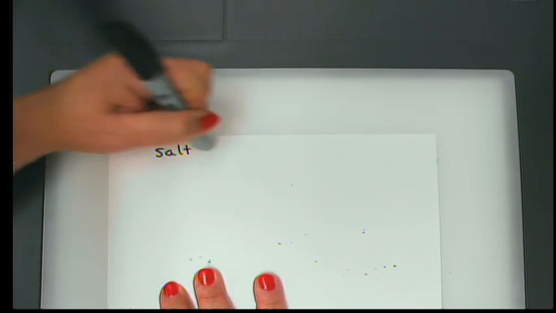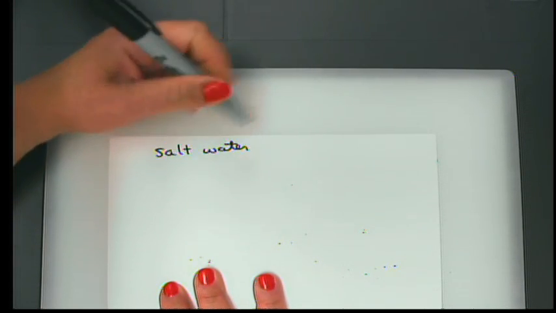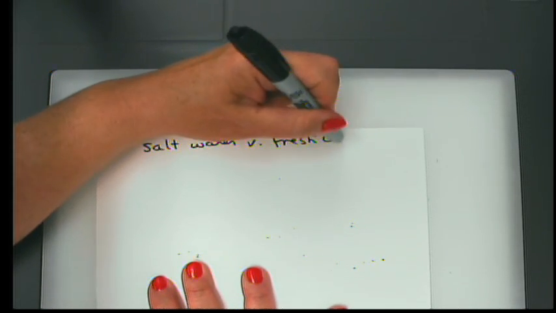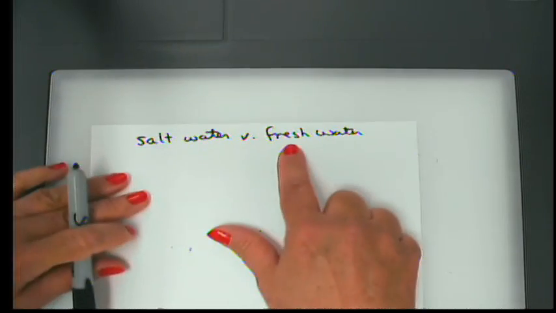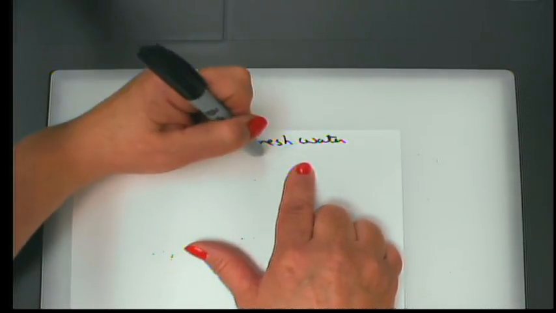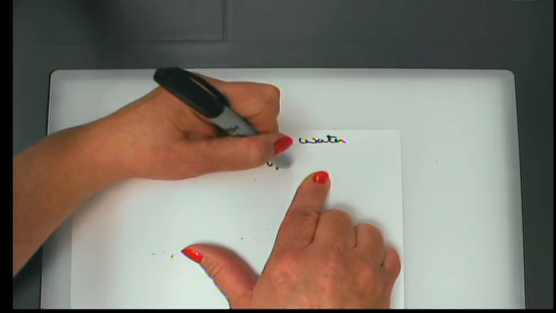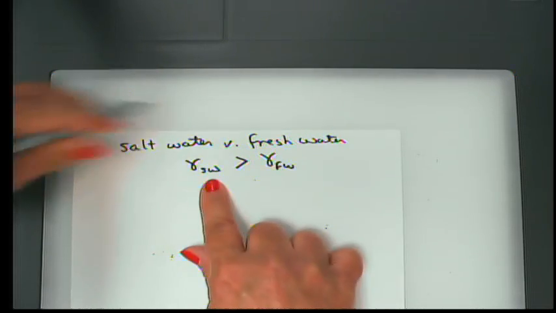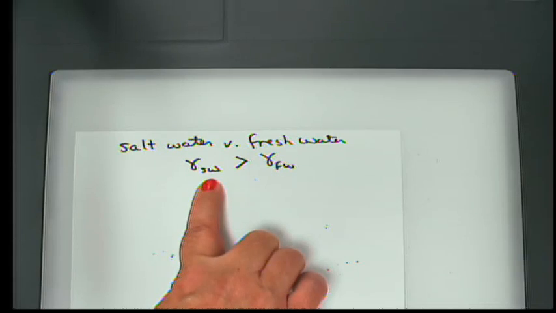What do you know about saltwater versus freshwater? Well, the gamma of freshwater is less than gamma of saltwater because saltwater has, of course, salts, NaCl and other salts dissolved in it.